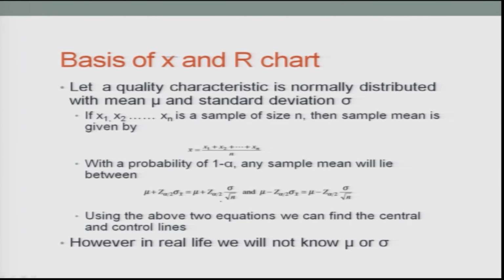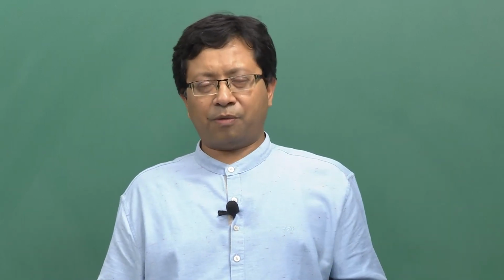Let me go back to the diagram itself. I am using the red color for better understanding. This is the real line where you measure the weights. This is the normal distribution, and this is the mean value. The mean value we have mentioned is the mean from the sample, and you want to compare it with respect to the population.